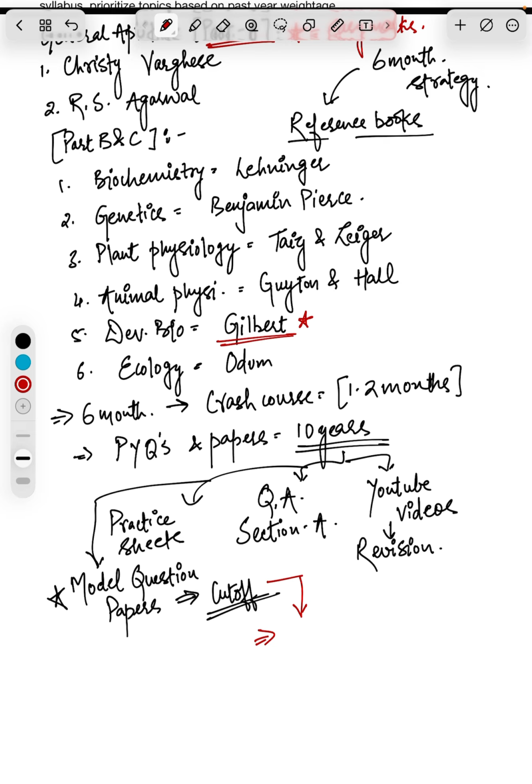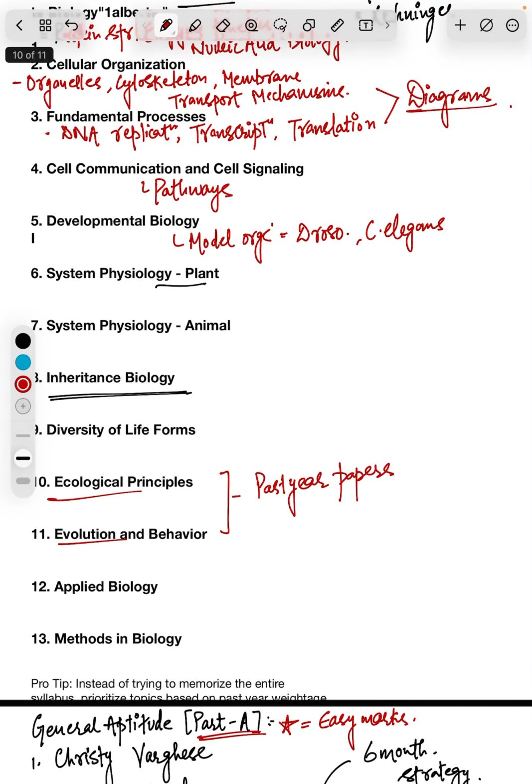So Gilbert will be the most important here, and of course Lehninger. So these 6 units you need to go through these reference books, and the rest you can cover with past year papers.